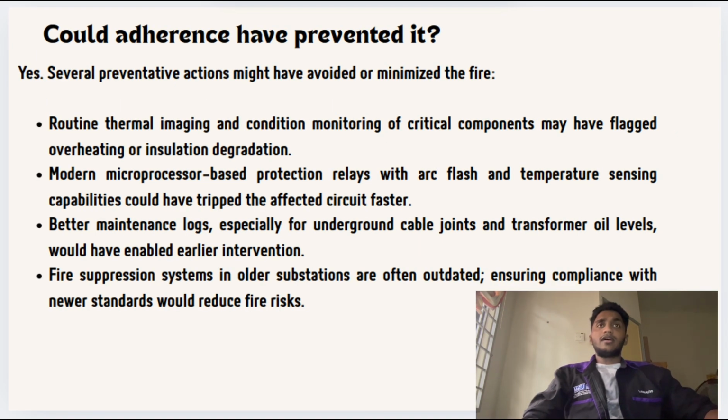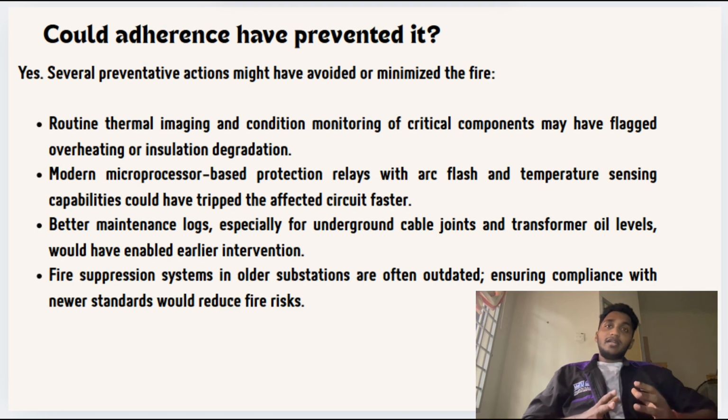Could adherence have prevented this? Yes, as several preventative actions may have avoided or minimised the fire. A routine thermal imaging and condition monitoring of critical components may have flagged overheating or insulation degradation. A modern microprocessor-based protective relay with arc flash and temperature sensing capabilities could have tripped the affected circuit faster.